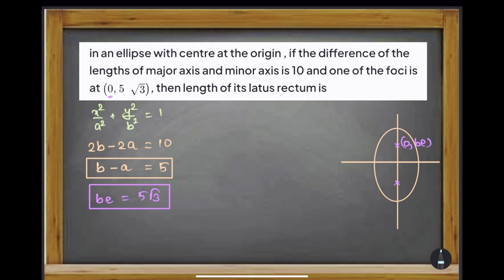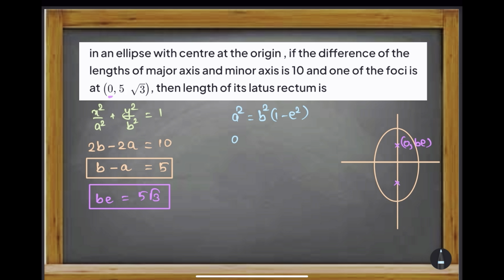So we will take help of the relationship between a, b and e. So you know that all the time we have to write 1 minus e square, correct? The thing which is bigger will go inside. You know it is a vertical ellipse, so b is bigger, so b will go inside. Now let's simplify this thing a little bit more.